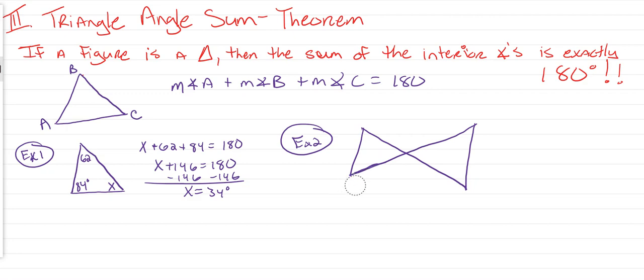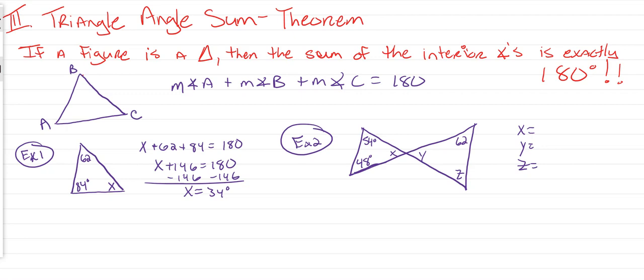All right, now this would be more on the level of a geometry problem. So let's say this is 54 degrees, this is 48 degrees, then x, y, 62, and z. Now this would be more of a geometry level problem with the triangle angle sum theorem.